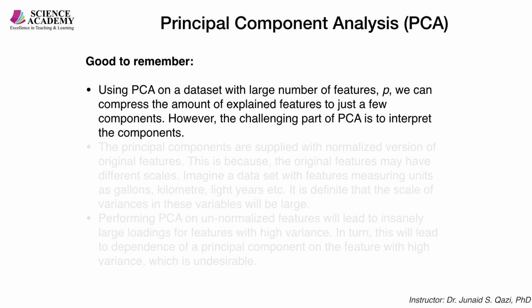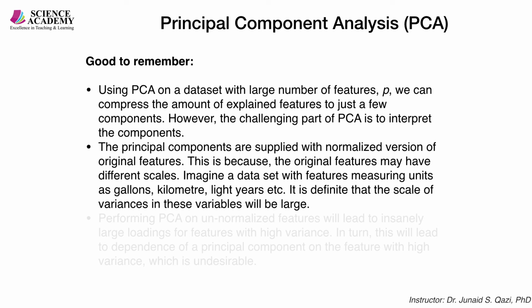So a couple of good things to remember in principal component analysis. Using PCA on a dataset with a large number of features, say P, we can compress the amount of explained features to just a few components. However, the challenging part for PCA is to interpret those components.